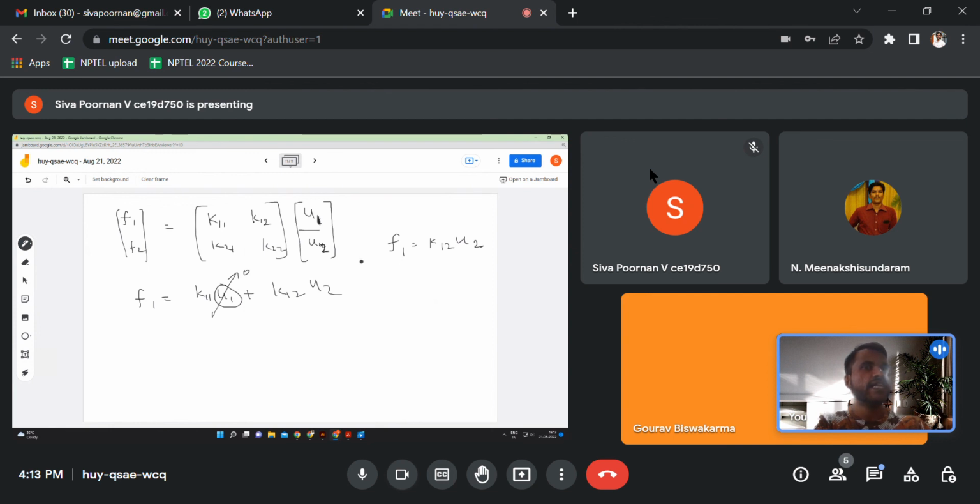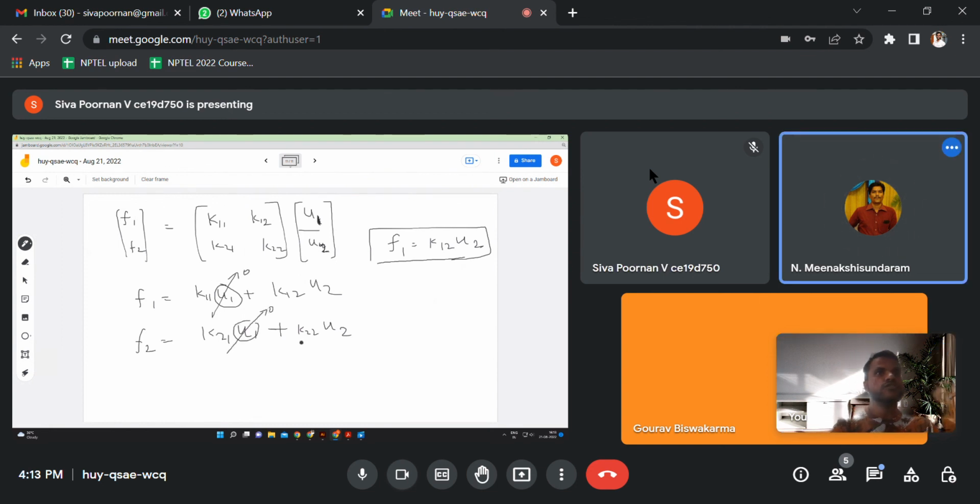Right, and that is the force that I'm going to be interested in. Anyway, this is one equation. Another equation that I have is that f2 is equal to k21 times u1 plus k22 times u2. Right, again I know that u1 is going to be 0.